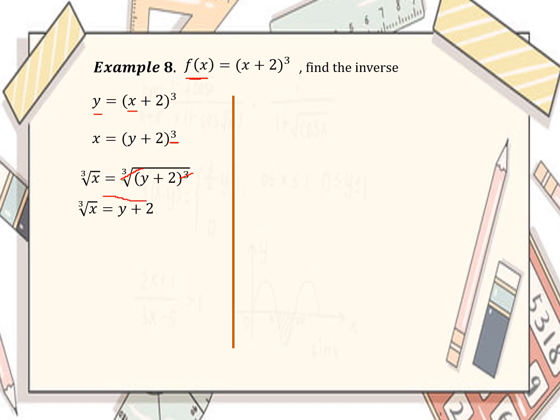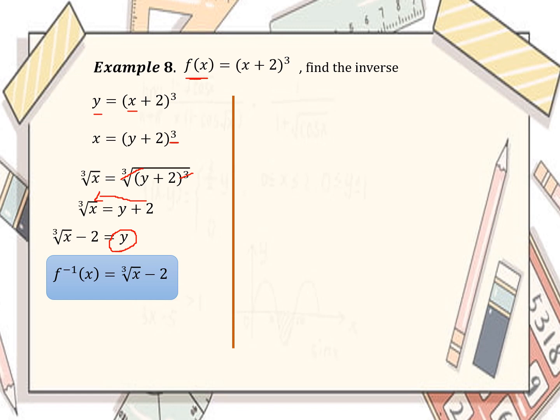So, si 2, ilipat natin sa kabila para y na lang yung matitira sa right side. So, cube root of x minus 2 is equal to y. So, pwede natin i-replace na si y into the symbol of the inverse function. So, f inverse of x is equal to cube root of x minus 2. So, ito na ngayon yung ating inverse function.